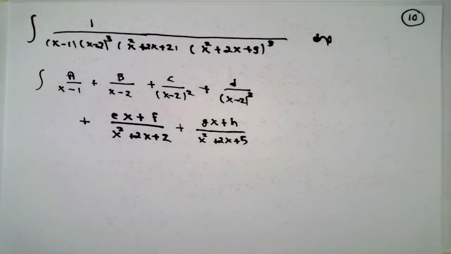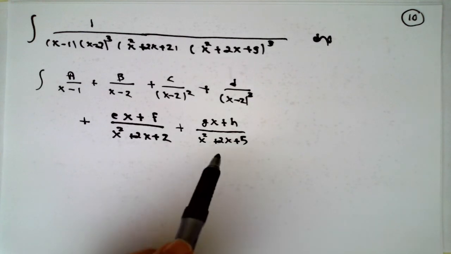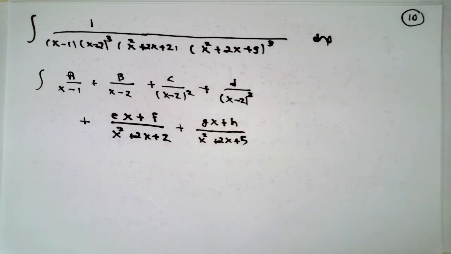If the factor x squared plus 2x plus 5 only showed up one time, I would have a term with it on the bottom and a linear function in the numerator. But of course, it shows up 3 times in the denominator, so we'll do something analogous to what we did for the linear factors.